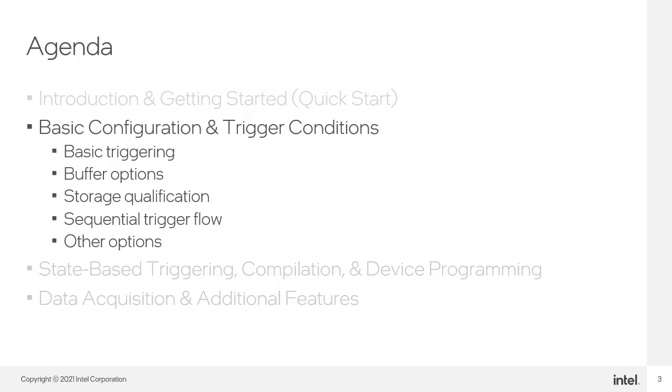Subsequent parts of this training, available on the Intel FPGA training website and linked at the end of this training, provide more detail on the tool, including more information about compiling and recompiling a design that includes the logic analyzer and programming a device with that design. You'll also learn about advanced triggering options that you can use to capture those hard-to-catch signal events. Finally, Part 4 covers some more advanced features available in the tool to help simplify the debugging process.